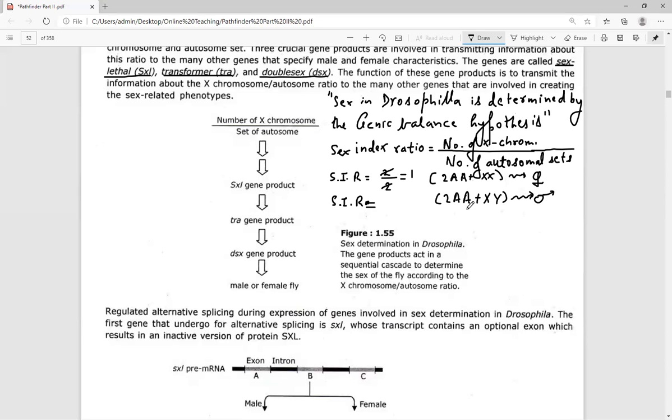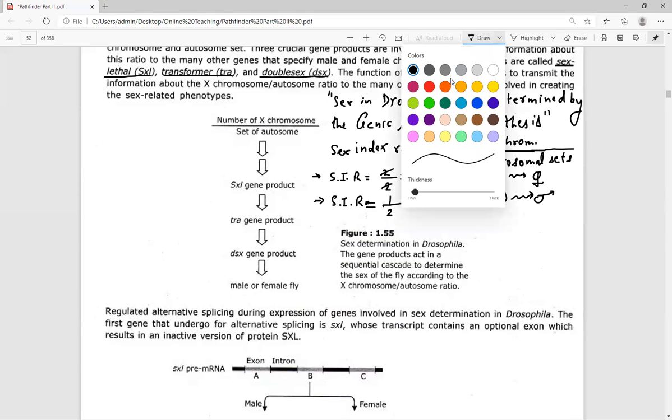XY means one is X, another one is Y. So the number of X chromosomes is just one, the number of sets of autosomes is 2, so 1 divided by 2 equals 0.5. So when the sex index ratio is 0.5, the organism becomes male. When the sex index ratio is 1, the same organism becomes female.